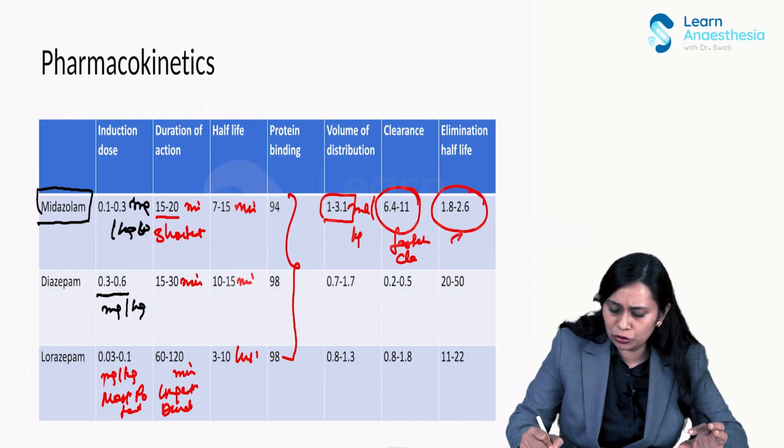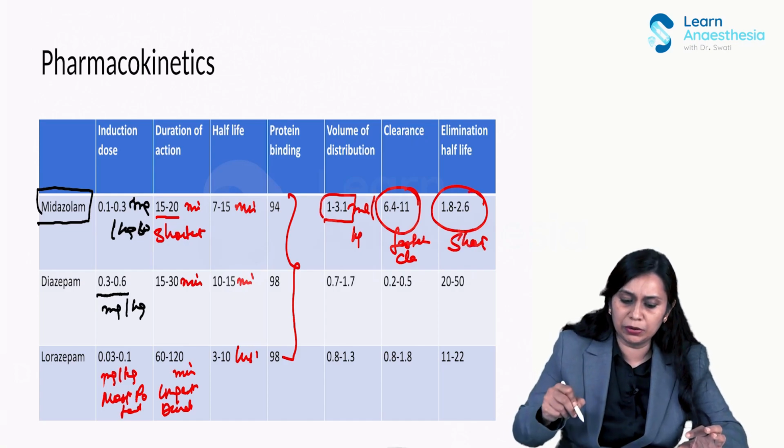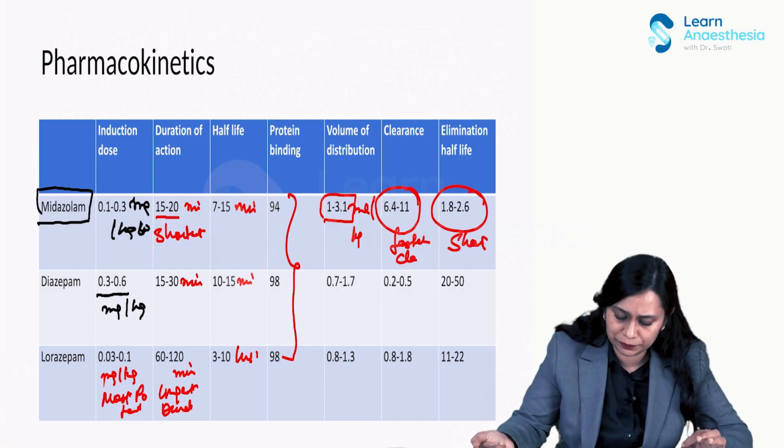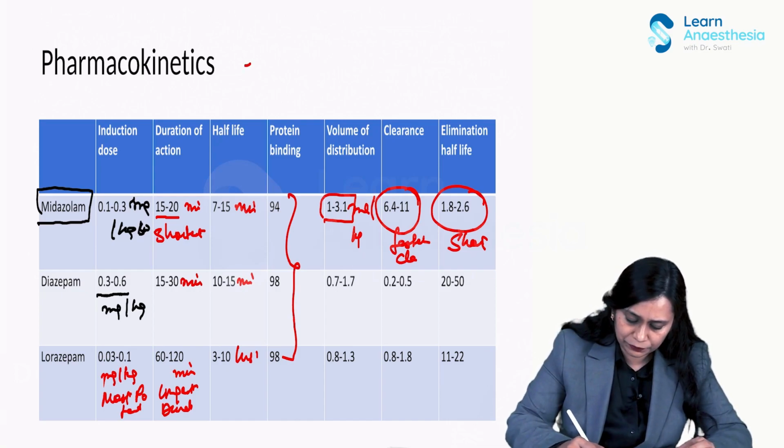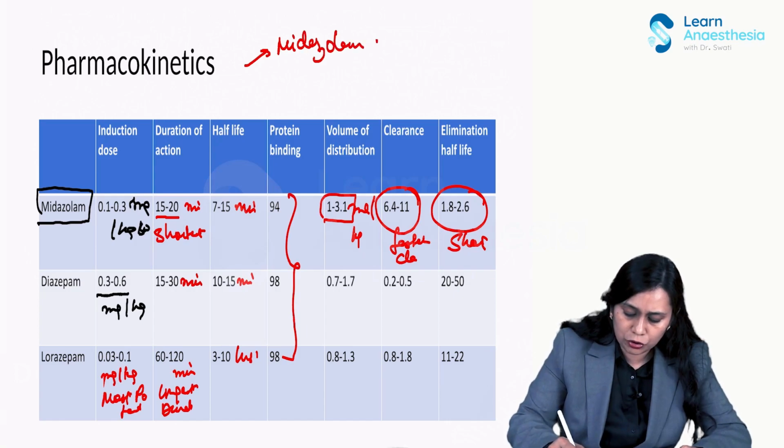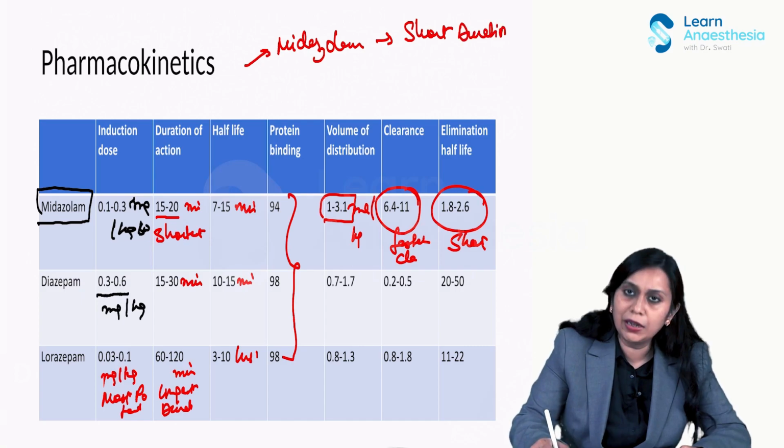Elimination half-life is short. So if I see this table, what information do we get? The information which I get is midazolam: short duration, right?